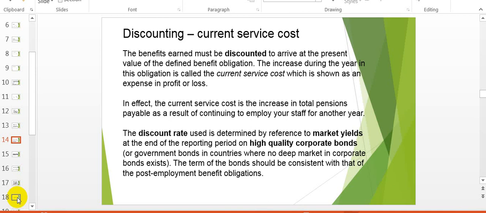This current service cost is shown as an expense in the profit and loss account. The discount rate used is determined by reference to market yields at the end of the reporting period on high quality corporate bonds.